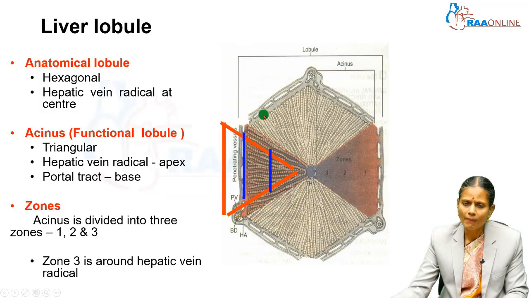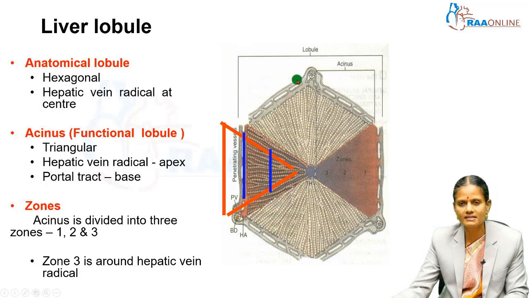Coming to the microscopy of the liver, the normal histology: the liver is divided into lobules which are hexagonal in shape. So 1, 2, 3, 4, 5, 6. So they are the hexagonal lobule, and the hexagonal lobule has the hepatic vein or the central vein radicle at the center.